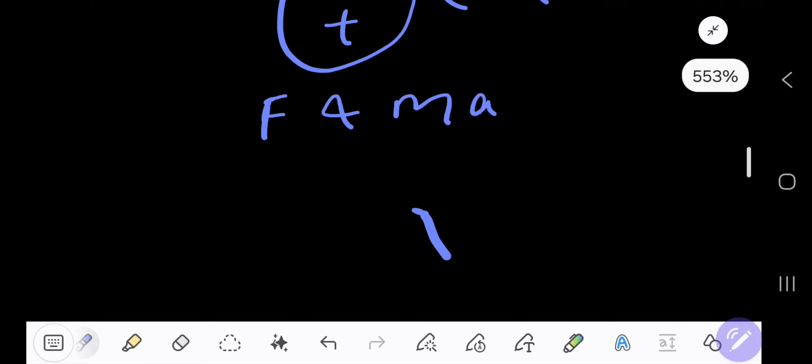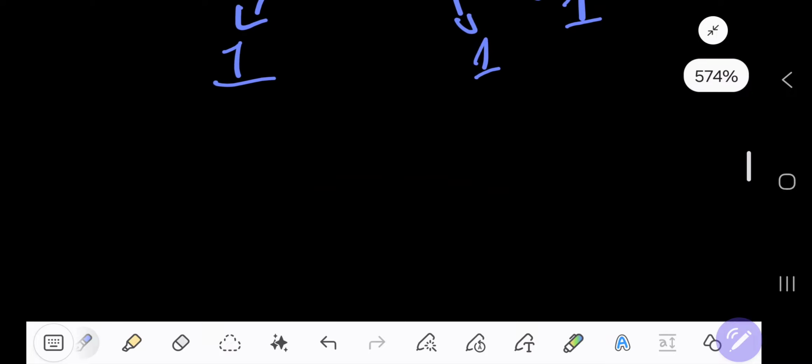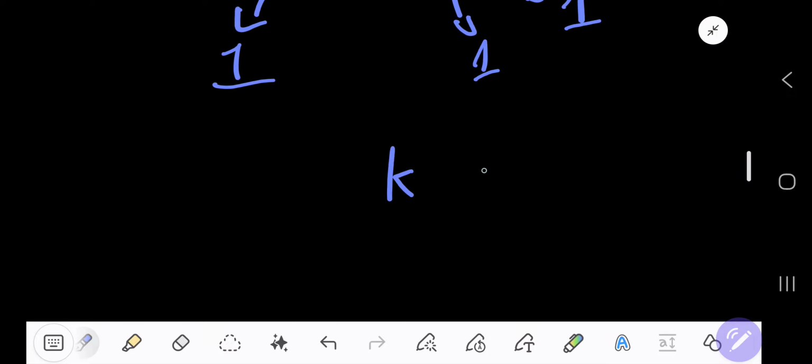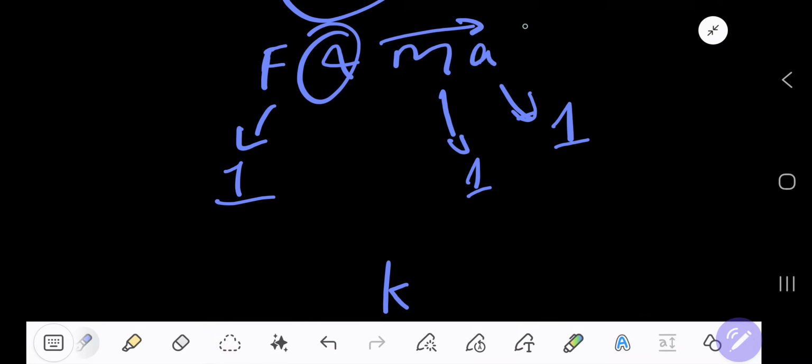So if f is directly proportional to ma, we can take all of the values as 1: acceleration 1, mass of the body 1, and force 1. So we can add k as a constant, and of course you must have learned in maths, to remove the proportion sign you add a constant value.